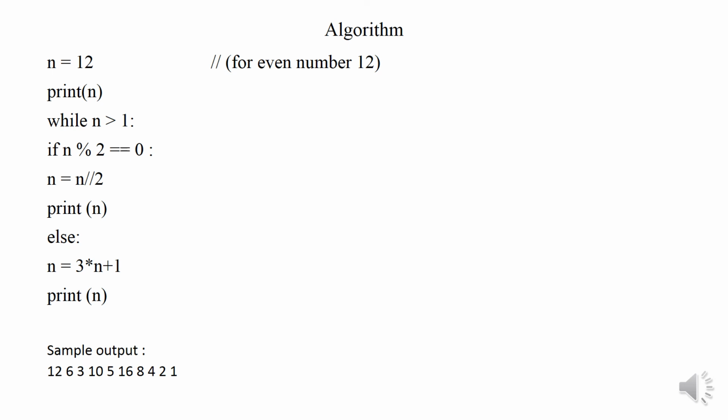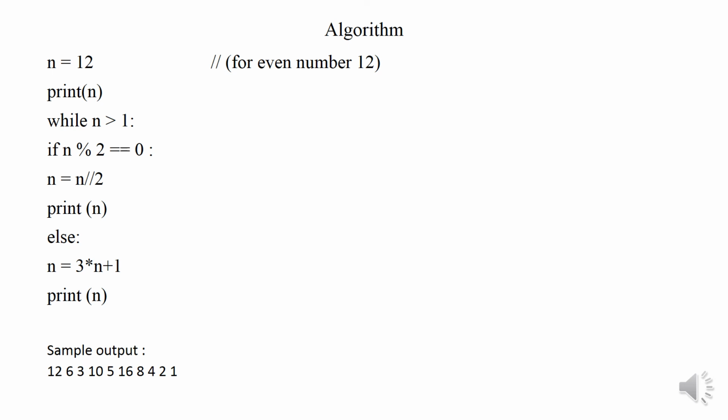So that is an odd number, and we go to the else control statement, 3 into n plus 1. We get 5 into 3 plus 1, 16. 16 is an even number. 16 modulus 2 is equal to 0, yes.